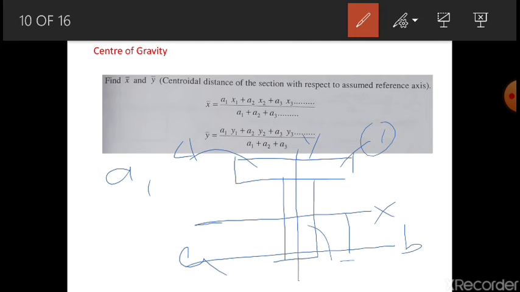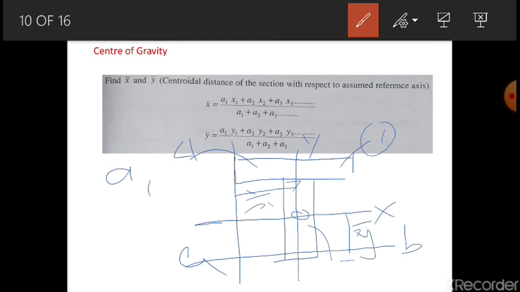This is your y bar, it is your final answer. And this is your x bar final, which will give the centroid of gravity, x bar and y bar.